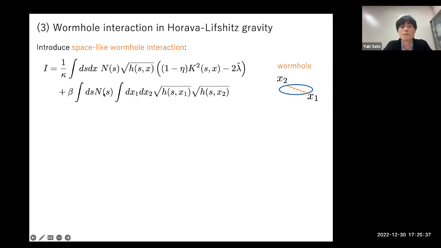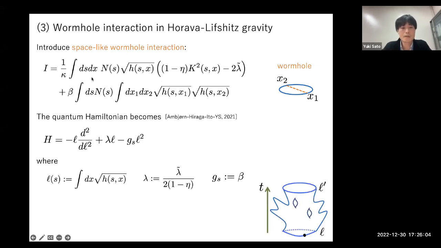So this is the wormhole bilocal interaction, sort of. And actually this weird-looking interaction is allowed because this is invariant under the FPD, foliation preserving diffeomorphisms. So it is possible to include. So if you quantize this sort of effective theory as before, we get the quantum Hamiltonian.